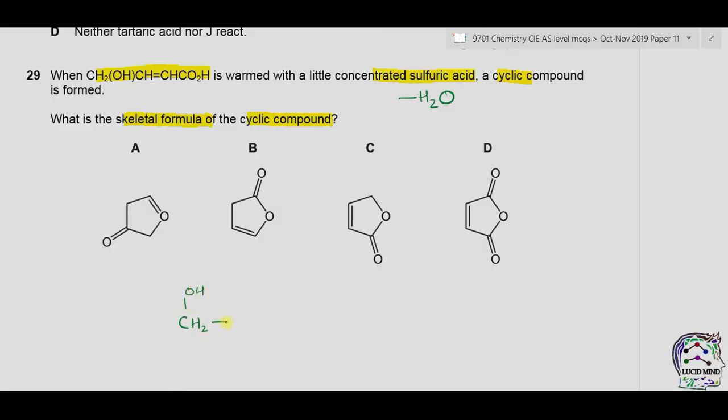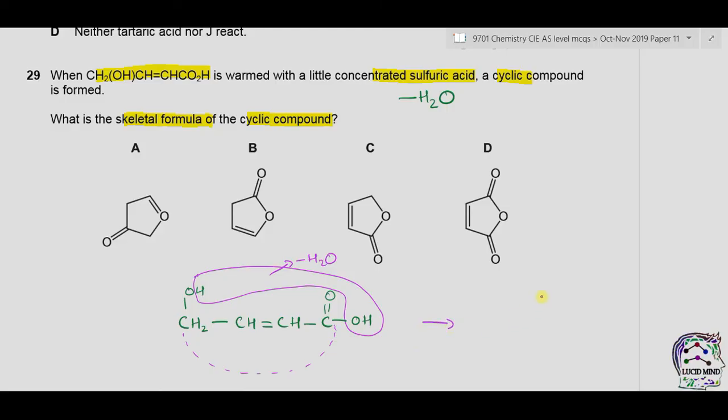On the first carbon atom we have an OH functional group. Between the second and third we have an alkene, and on the last we have a functional group present. Now what can happen is that this OH and this hydrogen can be removed in the form of water, and this carbon attaches itself to this carbon atom to form a cyclic compound.